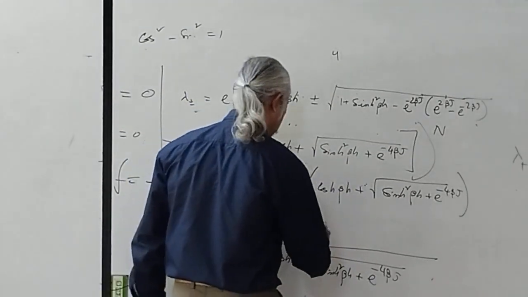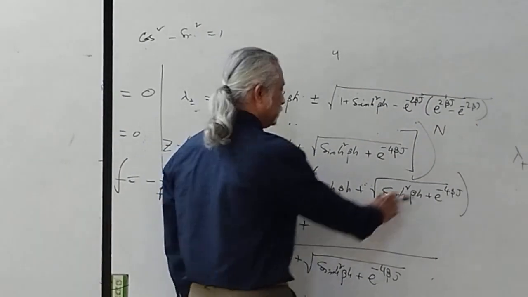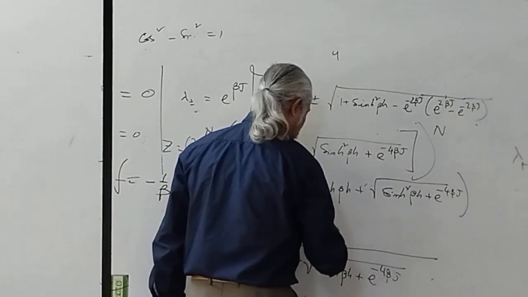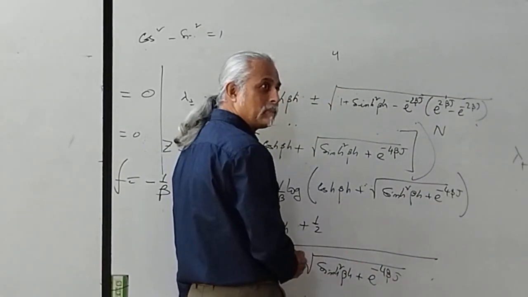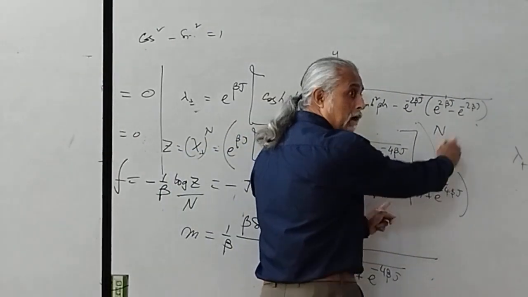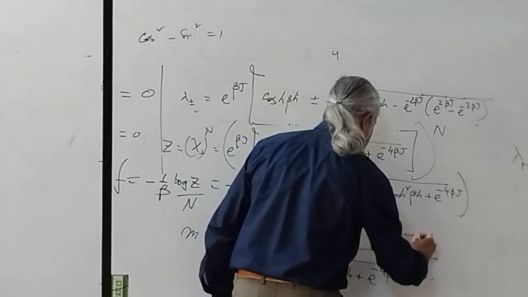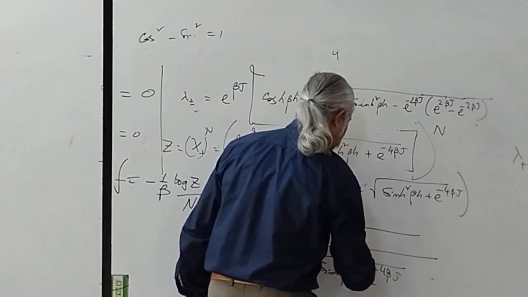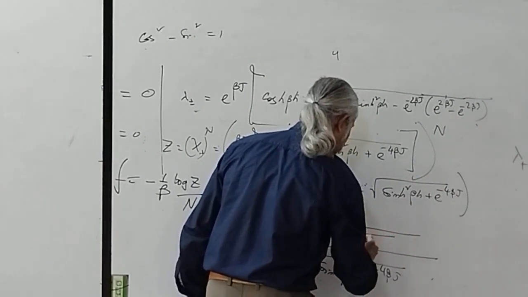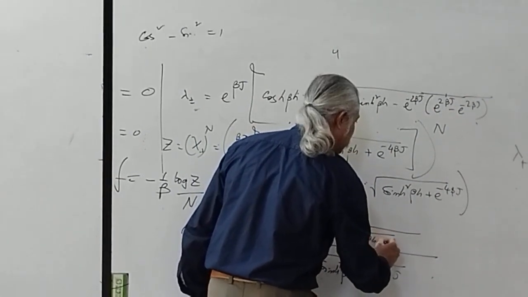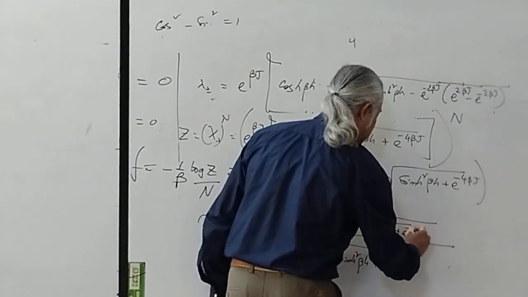So then plus beta to the power half. So there will be half. The half minus 1, it will go below again. Square root of sine square hyperbolic beta H plus e to the power minus 4 beta J.